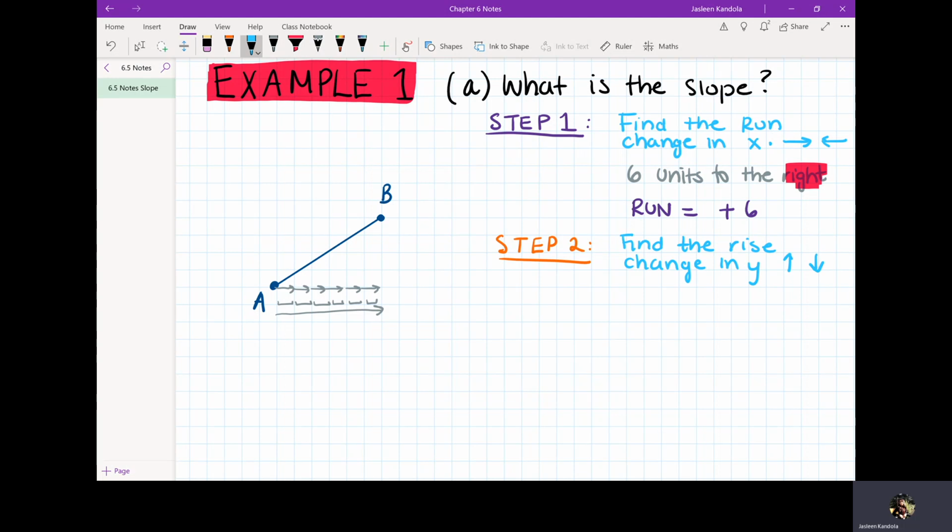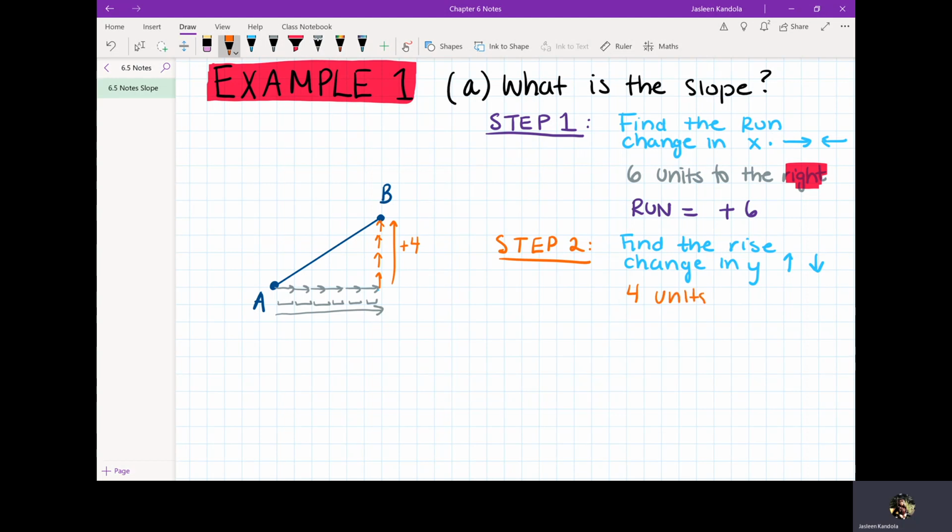So now from this position, I need to go to B. We're going rise over run, so we're trying to find the change. In order to go to B, I need to move up. How many units am I moving up? Well, let's see, 1, 2, 3, 4. So I went 4 units up.